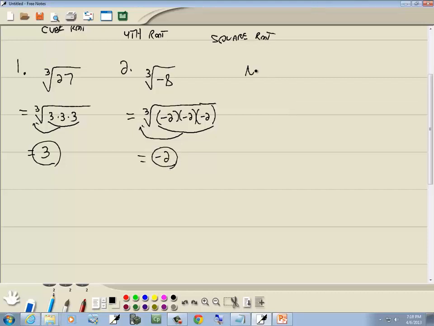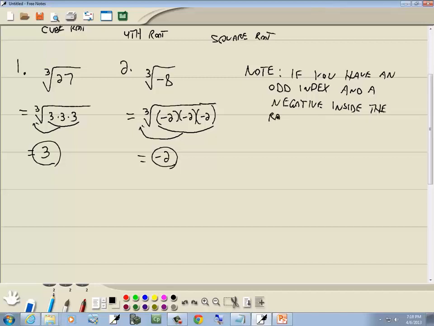Now, our note on this says, if you have an odd index and a negative inside the radical, you can just take the negative out in front.